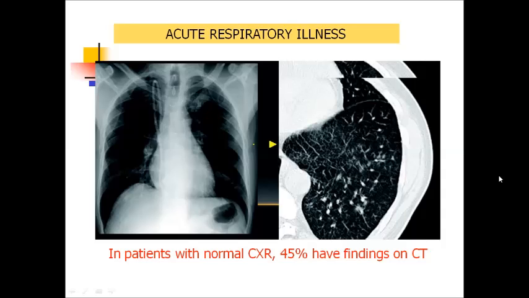For example, in patients with a normal chest X-ray, 45% have pathological findings on computed tomograms. So don't avoid administering CT scanning if you are confronted with a normal conventional X-ray.